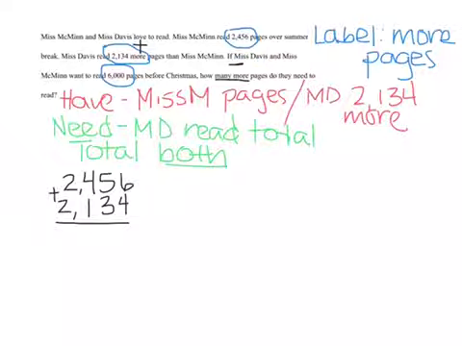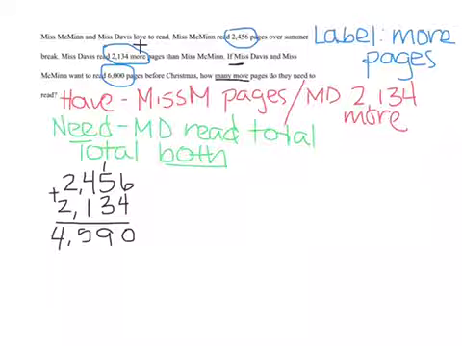So we have to add those together to find out how many pages Miss Davis actually read. 6 plus 4 is 10. 5 plus 1 is 6. Plus 3 more is 9. 4 plus 1 is 5. And 2 plus 2 is 4. So total, they've read 4,590 pages.